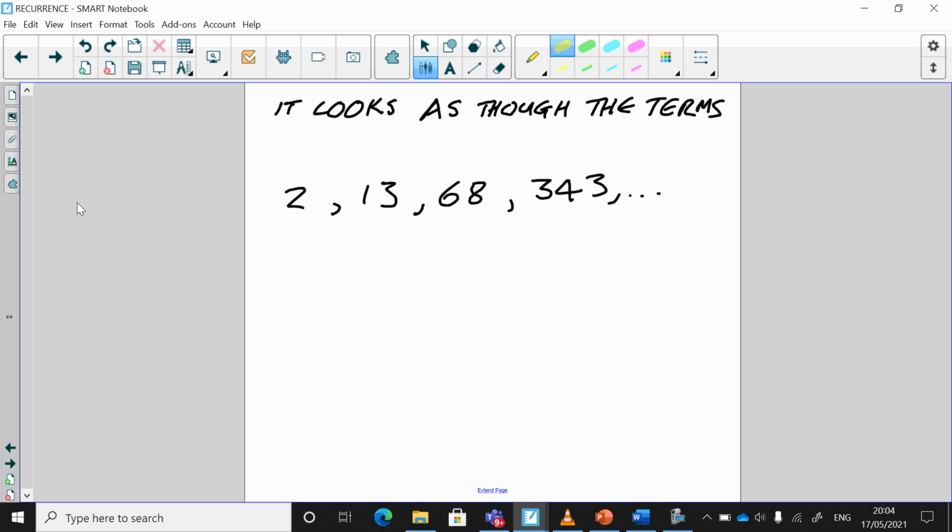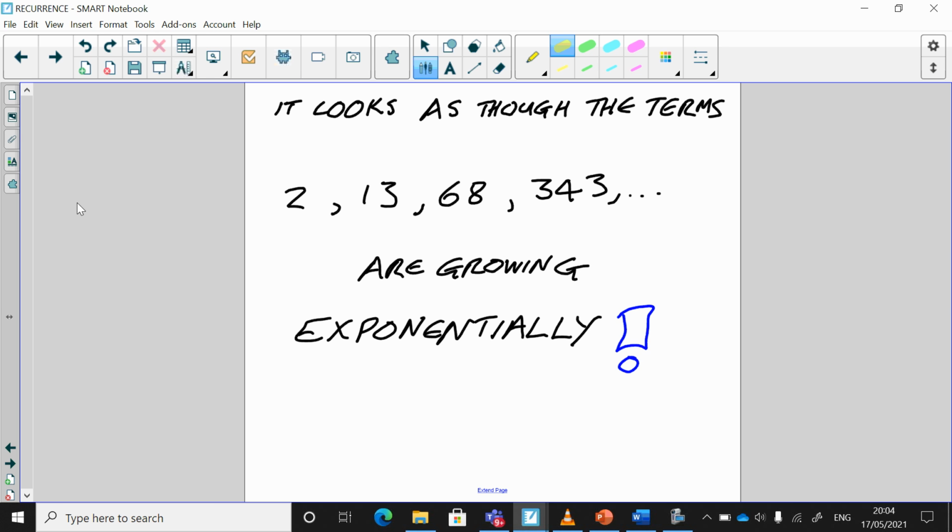You can go and check what the next ones are if you want, and keep going until your calculator will stop giving you answers for this. The numbers will be massive. That's because these are growing exponentially. There's not a constant difference between 2 and 13, between 13 and 68, between 68 and 343.